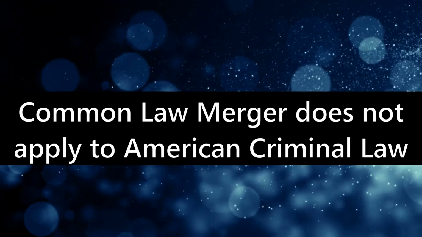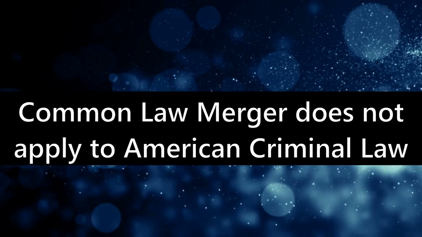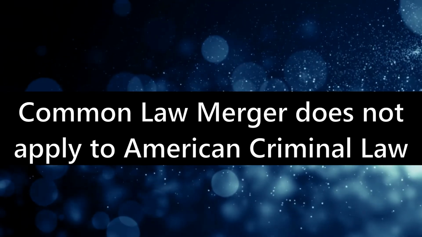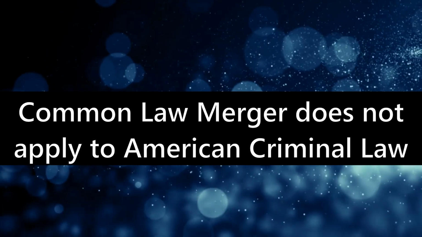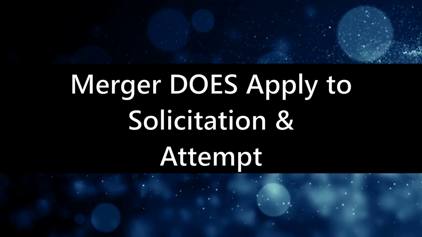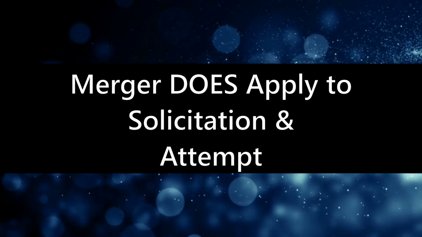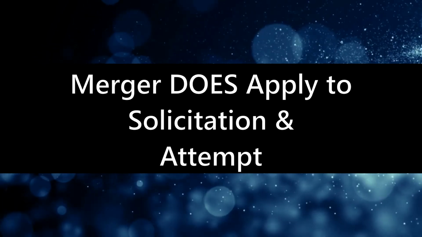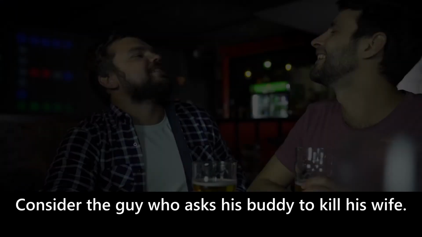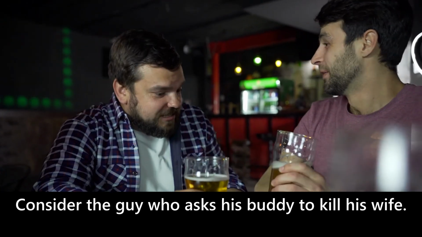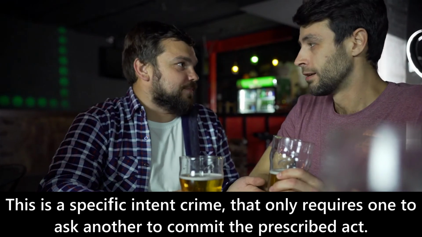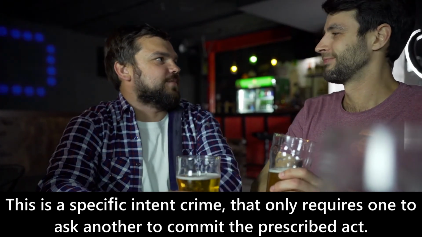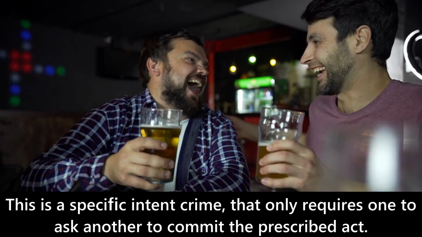The general rule in American criminal law is that merger as understood by the common law no longer exists. However, there are 2 major exceptions to this rule. The inchoate crimes of solicitation and attempt both merge into the completed crime. For example, if someone solicits another to commit the murder of a third person, and the solicited person accomplishes that act, the solicitor cannot be convicted of both crimes.